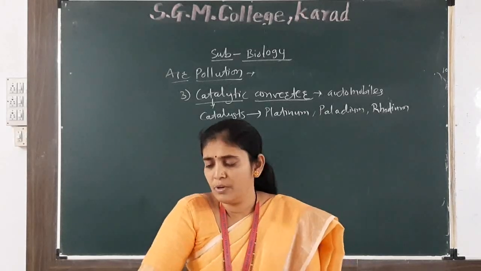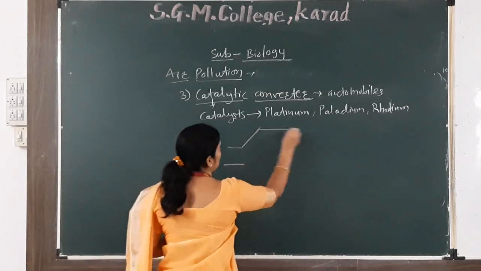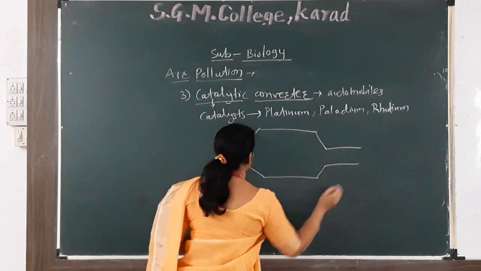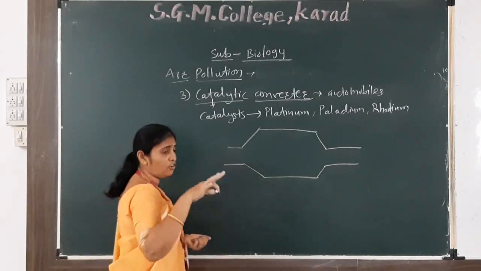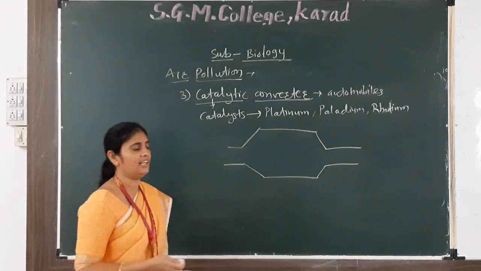So here we have to see our diagrammatic representation. As you know, in automobiles different types of fuels are used, such as petrol and diesel.